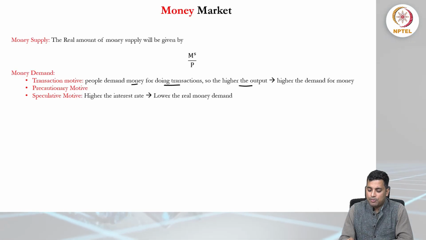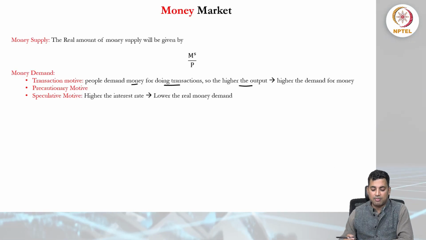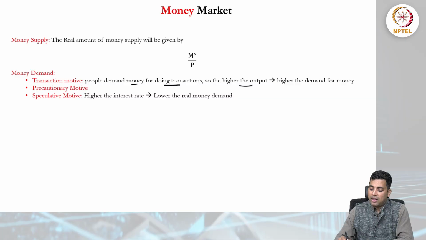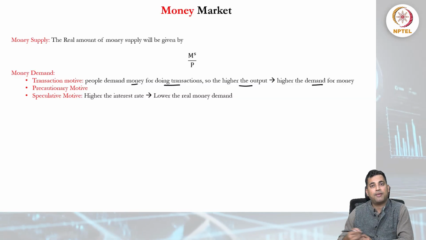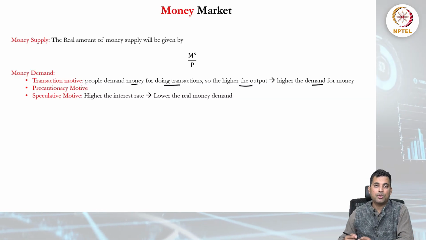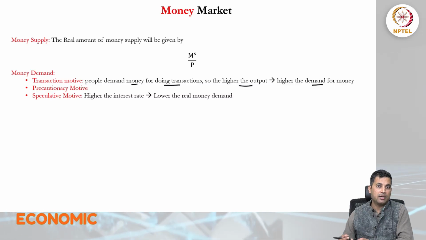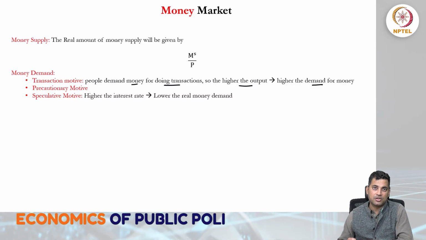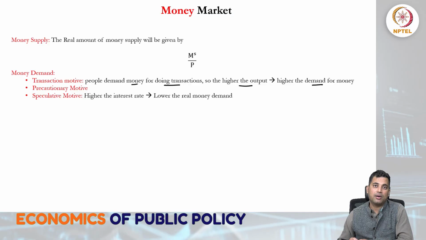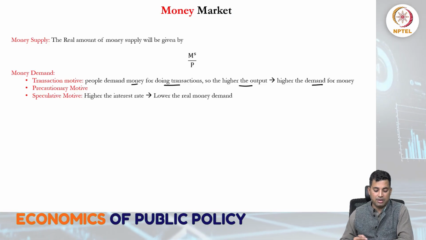So higher transactions mean higher output, and for higher output there will be a higher demand for transactions, and thereby more demand for money will be there.